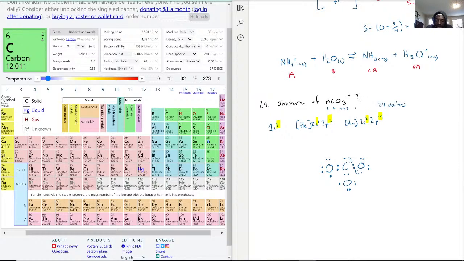And now we still have, this is where it gets tricky, right? Because right now we have only 22, I believe. So 2, 4, 6, 8, 10, 12, 14, 16, 18, 19, 20, 21, 22 electrons. Yes. So put those over there. That will make a double bond there.